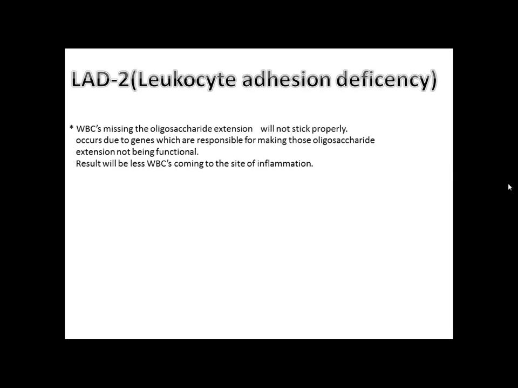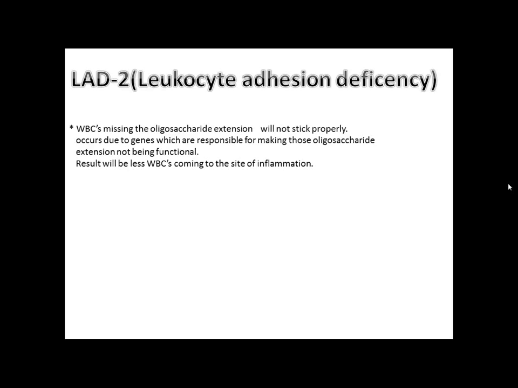If you remember correctly, those oligosaccharide extensions which are connected to white blood cells help in the interaction of p-selectins and e-selectins, and this is basically an interference with the interaction of the white blood cells with the endothelial cells.